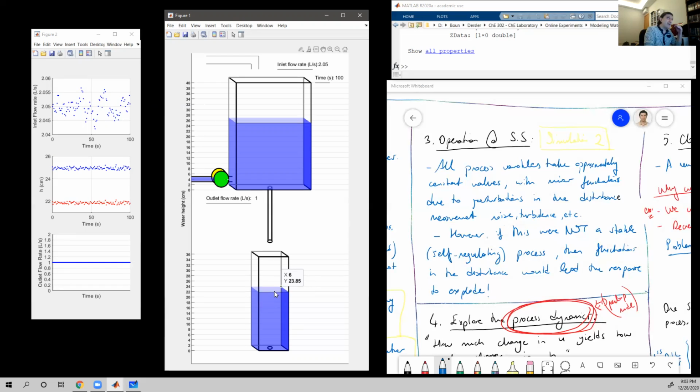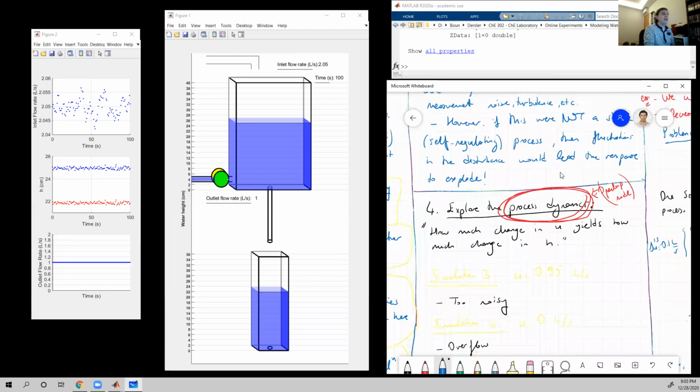We would like to operate the process at a different water height value. And how are we going to do that? We should be able to do that by changing this outlet flow rate, because this is the manipulated value. And remember the rule: when we change this value, this water height will change, which is going to affect the water flowing here, and this is going to affect the water level at this point.